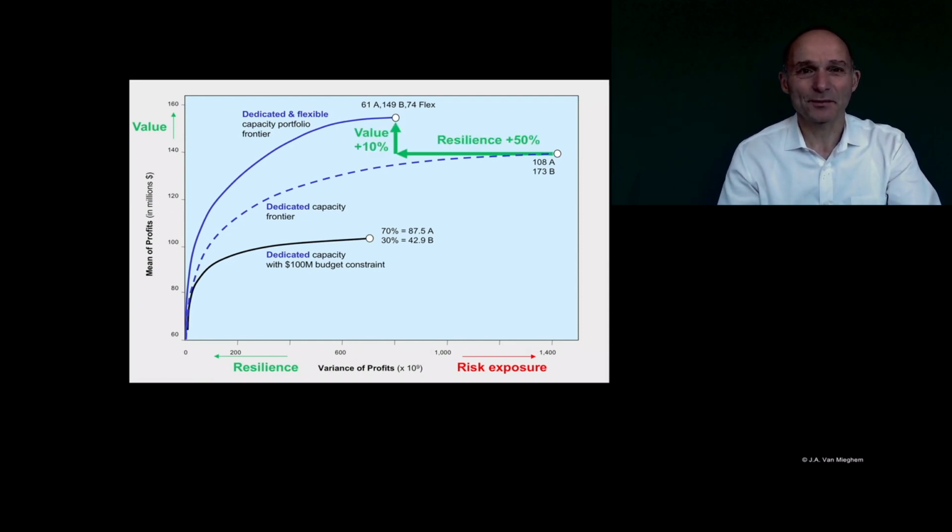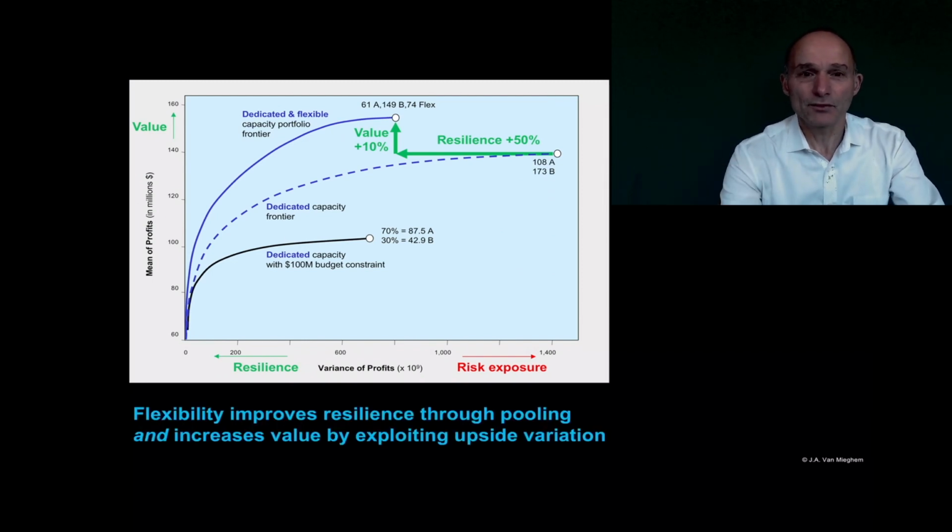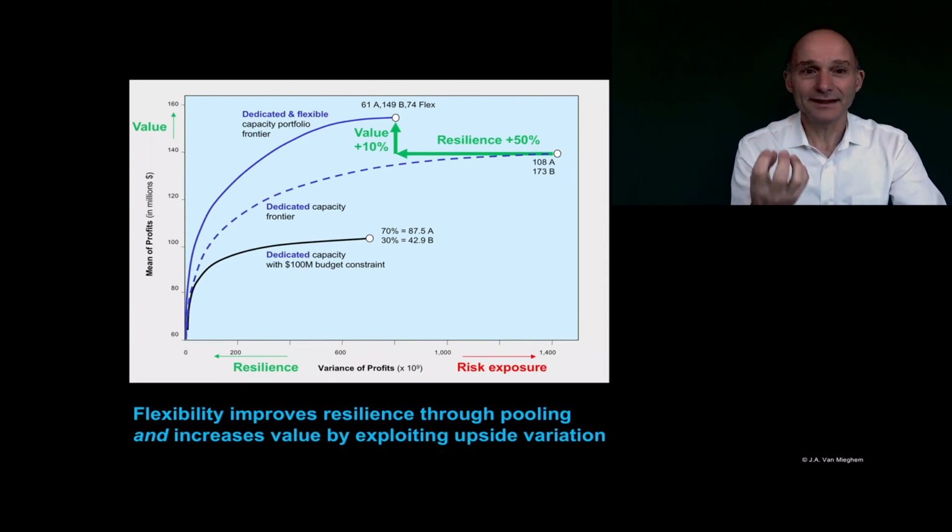The variance of profitability is reduced by a factor of almost 50%, so greatly improving the resilience of the operation, while also improving the expected value of the organization by roughly 10%. The reason here is that flexibility in the operating system improves resilience through risk pooling. It also has an additional real option that it can contingently exploit upside variation in the good times.